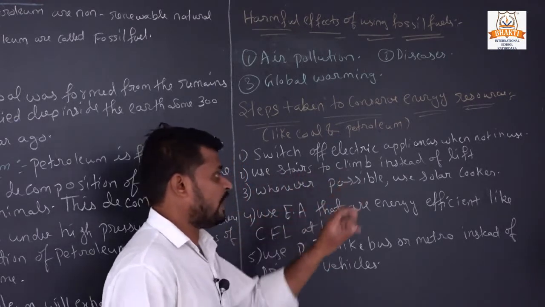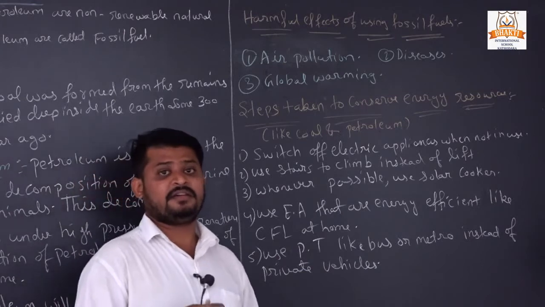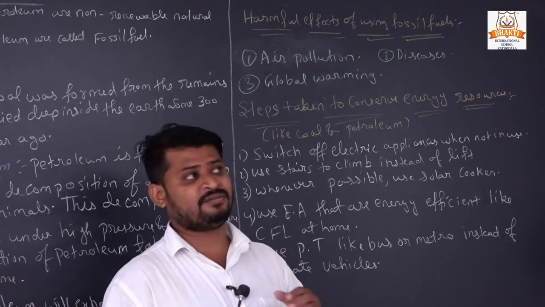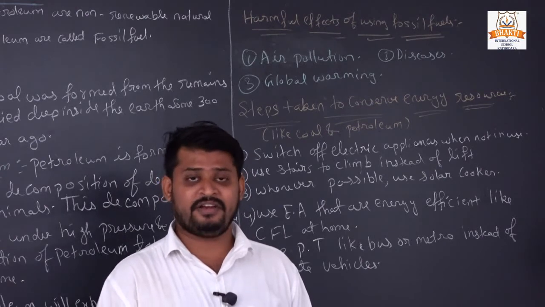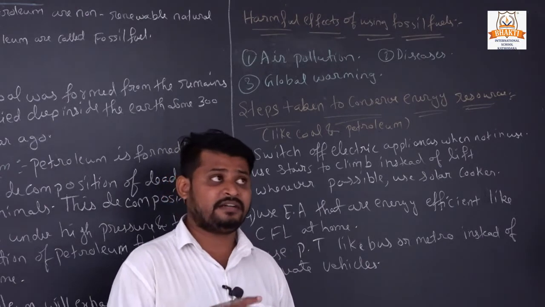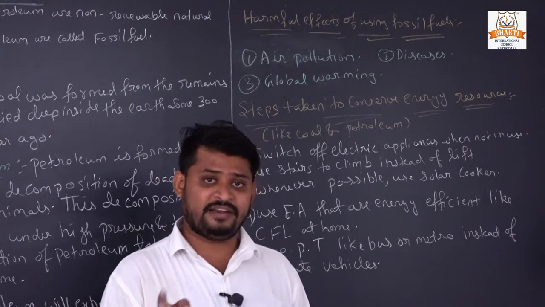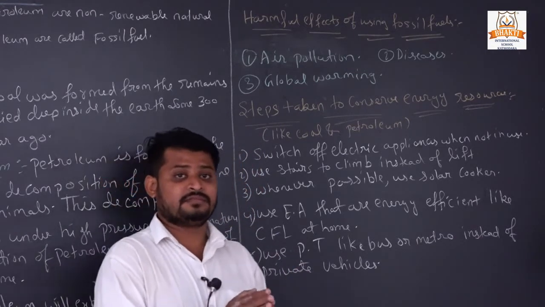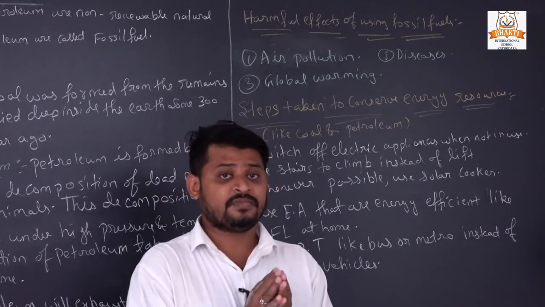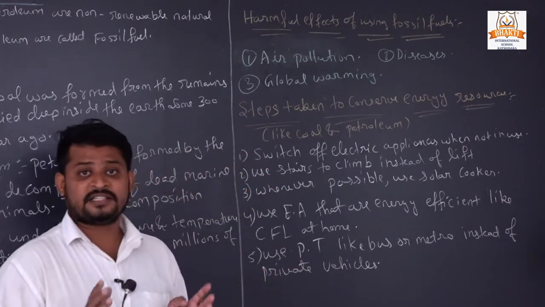Use stairs to climb instead of the lift, meaning when you are climbing to the 2nd or 3rd floor of a building, do not use a lift. When you are climbing to the 10th or 15th floor, then you may use it. If you avoid the lift, it will save so much energy.